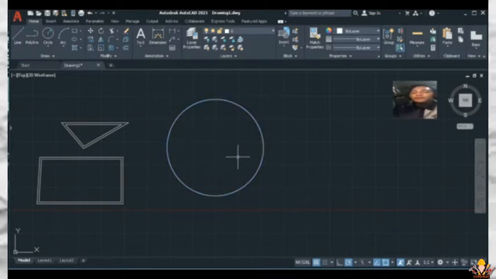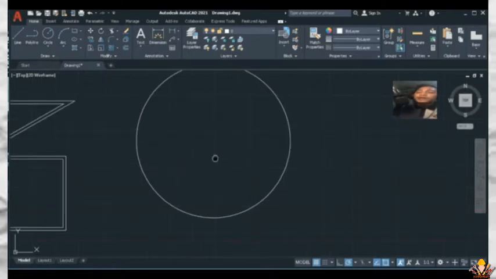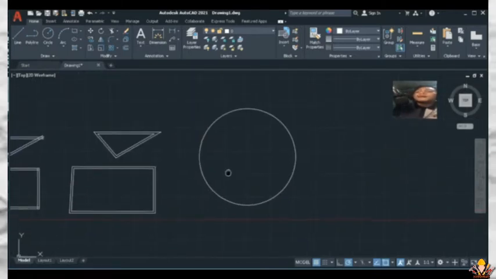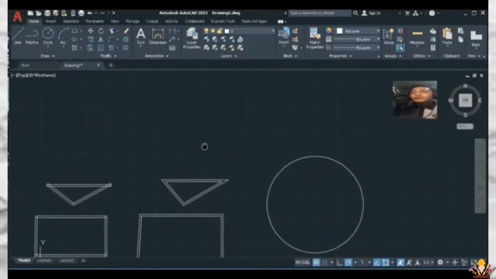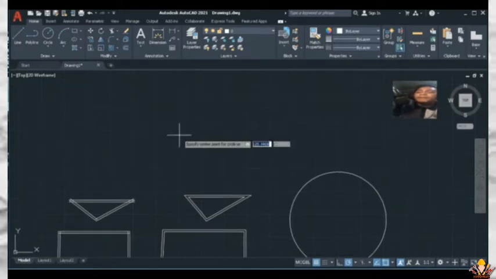And there are also two ways of making a circle. It is by using the radius and the diameter, and right now I want to show you how to use the radius in making a circle. And first I want to show you the shortcut for the circle command. It is just pressing letter C on the keyboard and then enter, and I will pick a specific point again that will act as the center for my circle.